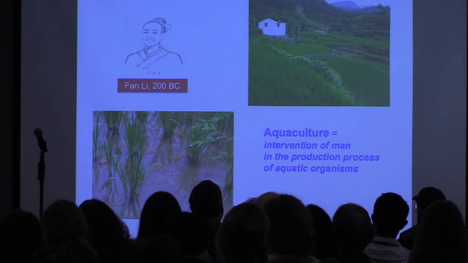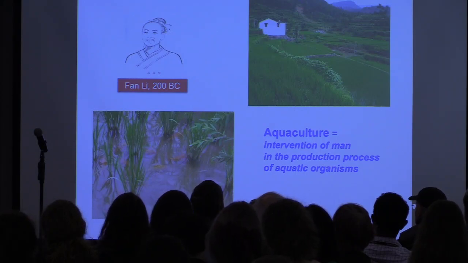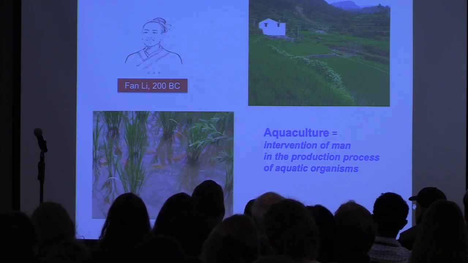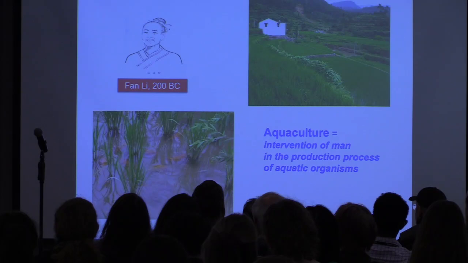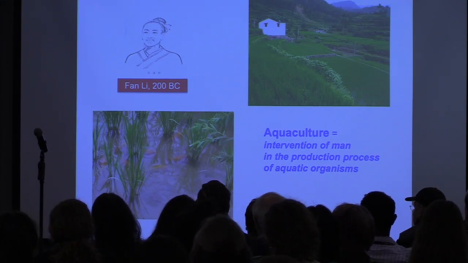I told you that aquaculture is nothing new. Can you imagine, the first written handbook on aquaculture, 200 BC, from Lee, and that was the integrated farming of rice paddies with carp. And you see also the definition, because people sometimes wonder, what is fisheries, what is aquaculture?